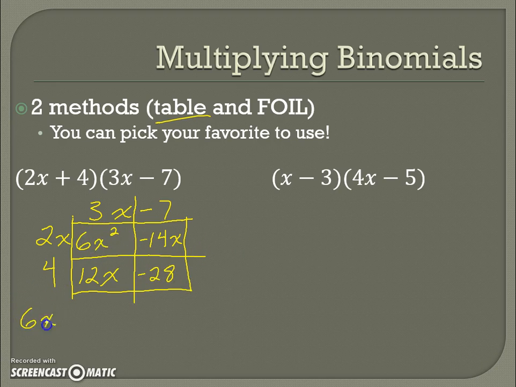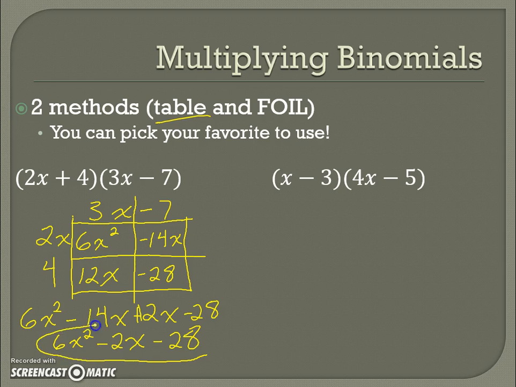So I have 6x squared minus 14x plus 12x minus 28. And you'll notice here I have a couple like terms I could go ahead and combine. Make sure you're doing that. So I have 6x squared minus 2x minus 28. So this is the quadratic trinomial that I got by multiplying two first degree binomials. This is using the table method to multiply this times this.